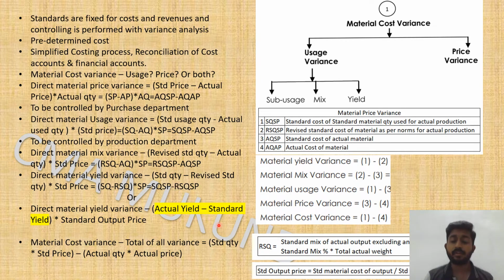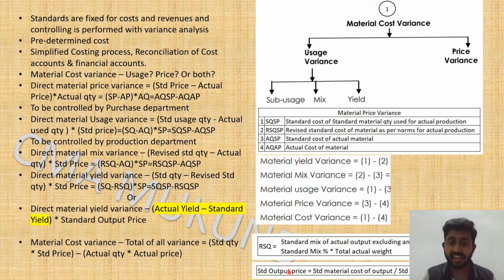So that actual yield minus standard yield, yield is nothing but the net output, which we can see in the upcoming problem, multiplied by the standard output price. Standard output price is nothing but how much kg of end item has been produced and what is the price of that end item, and you have to find the standard output price by dividing the material cost of the output that is produced.